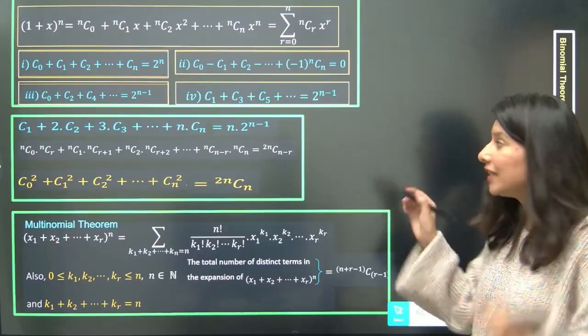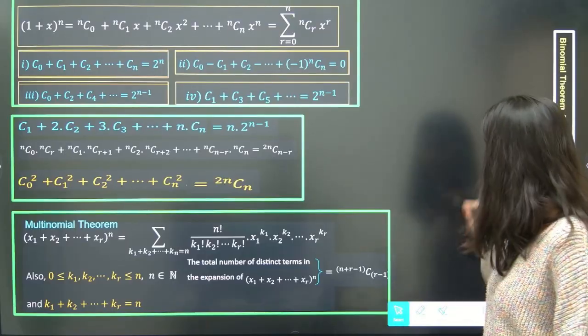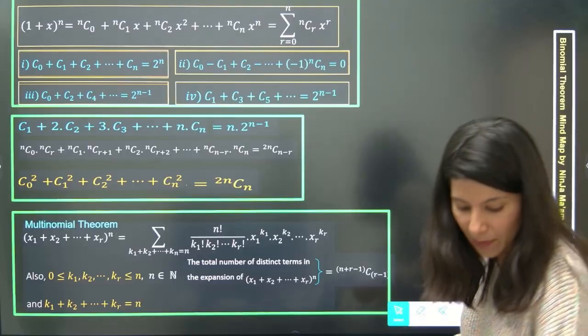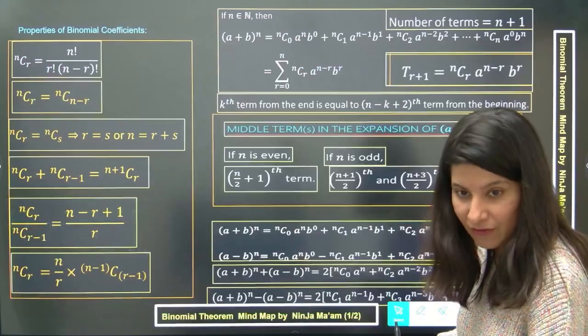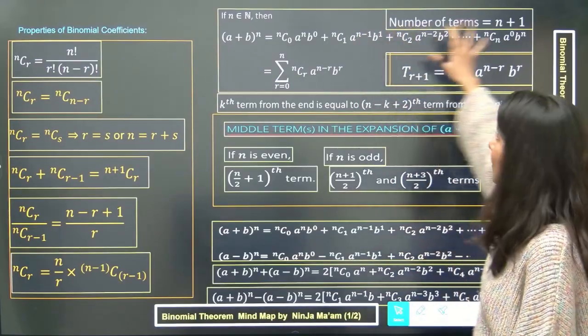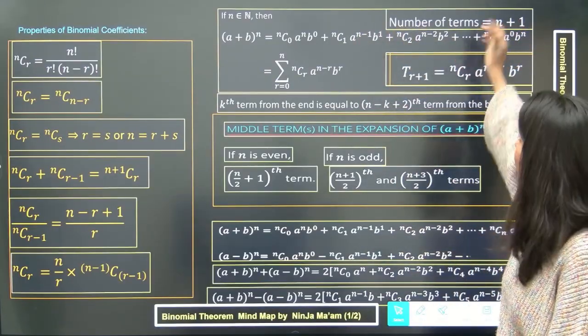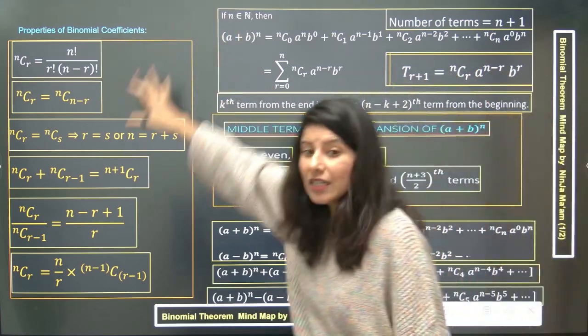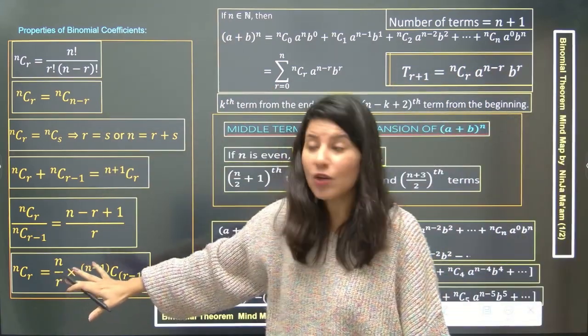Now if you will see, you will realize that the complete binomial theorem is residing in two slides. You can call them mind maps also. So the very first page is this. You can see, yes, your binomial expansion, number of terms, very important, general term formula, all the important properties of your binomial coefficients.